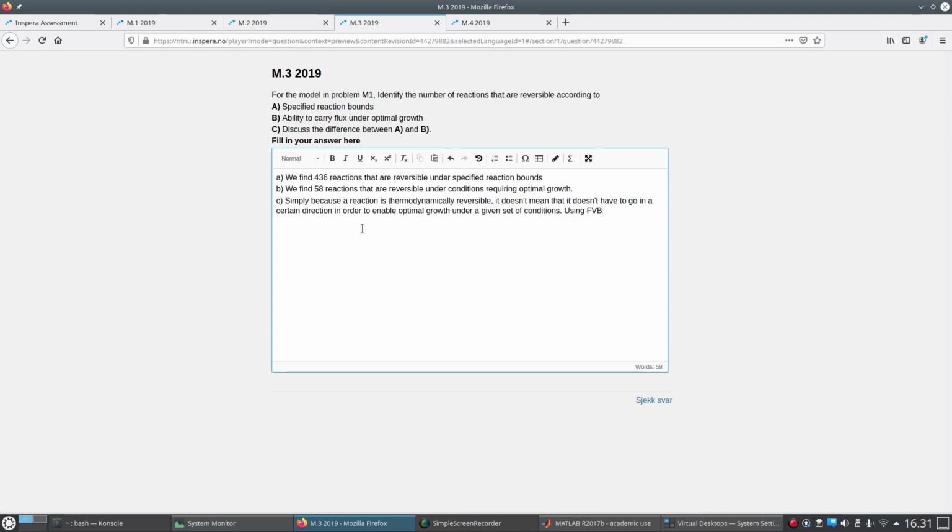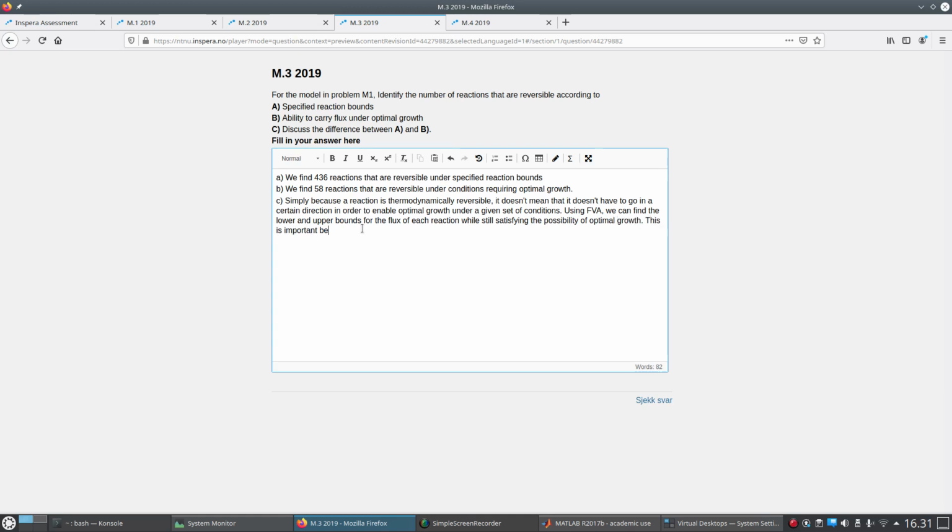Using FVA, we can find the lower and upper bounds for the flux of each reaction while still satisfying the possibility of optimal growth.